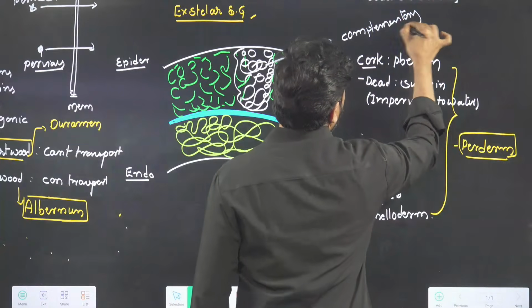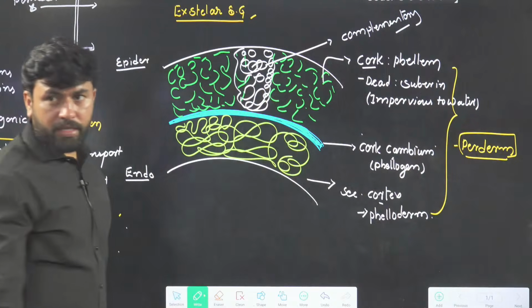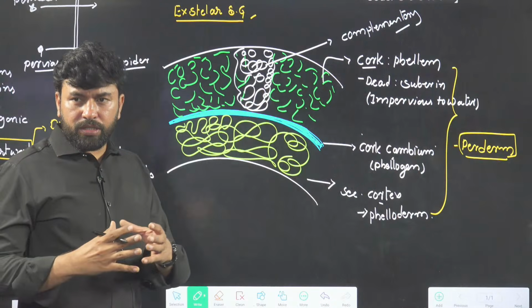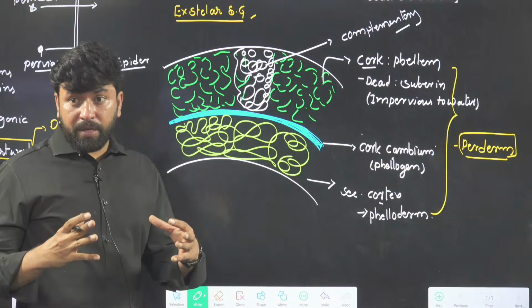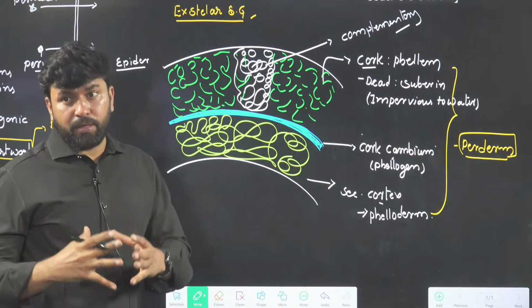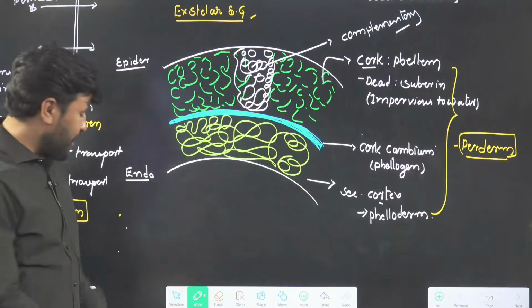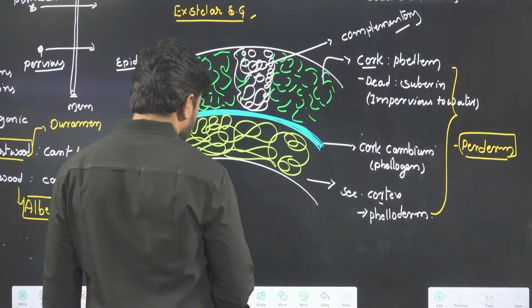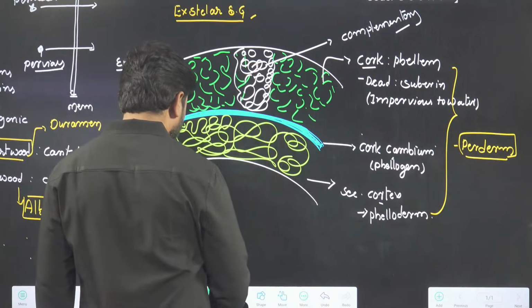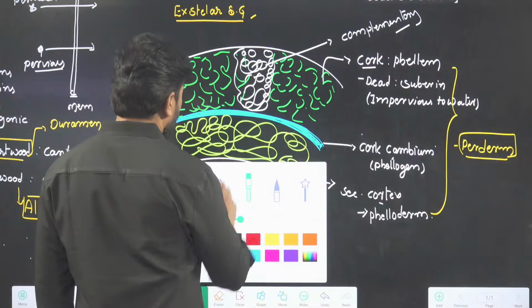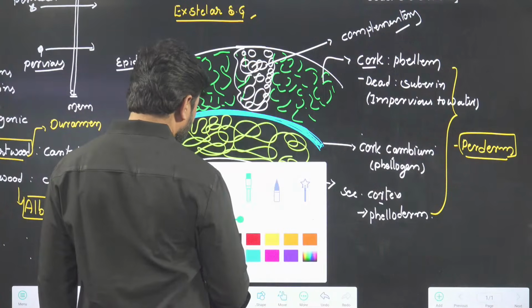These complementary cells are large parenchymatous cells. They are not going to be compressible. Because of that, this area will burst outside. That means in this area there will be a development of some sort of gap.